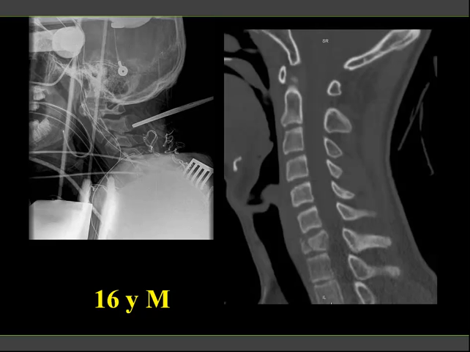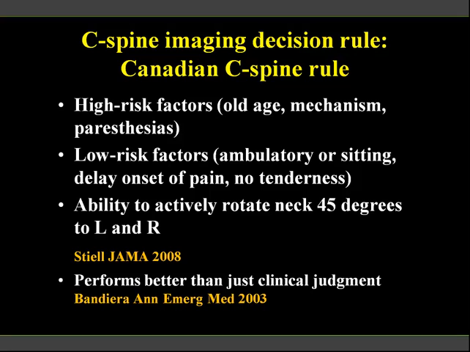When the plain films are limited, such as in this case, when the shoulders are clearly precluding the assessment of the lower cervical spine, the CT clarifies the issue, and this is an important injury that needs to be stabilized surgically.